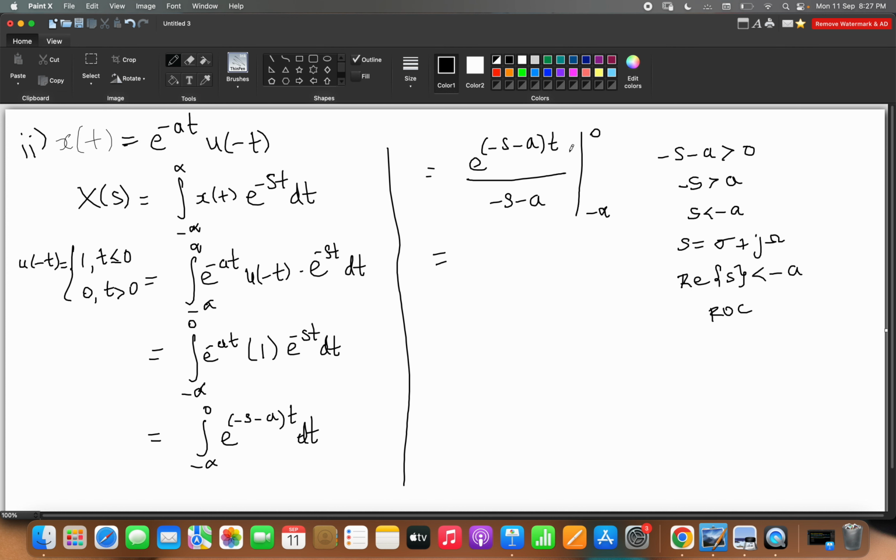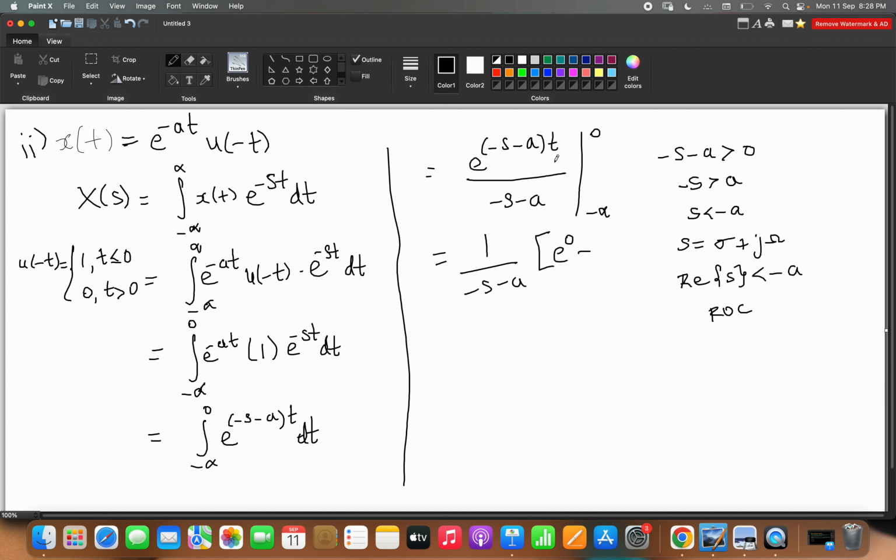So just apply the upper limit. Before that you take the term minus s minus a common. After that apply the upper and lower limits. So applying the upper limit, you will get e power 0 minus applying the lower limit. Here we assume this value is positive.